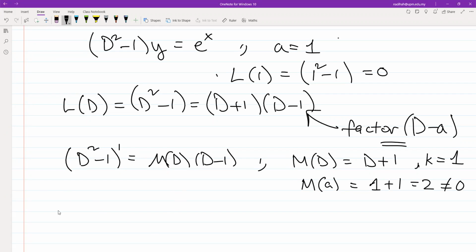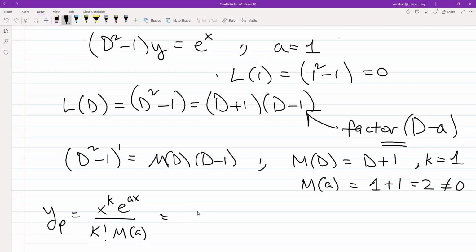So untuk yp, so yp is just x^k e^(ax), saya tulis balik sebab tak nampak kat atas tu, over k factorial of M of a.